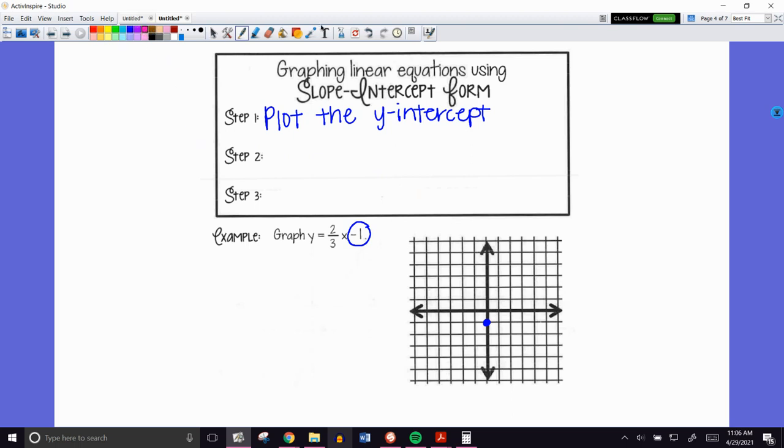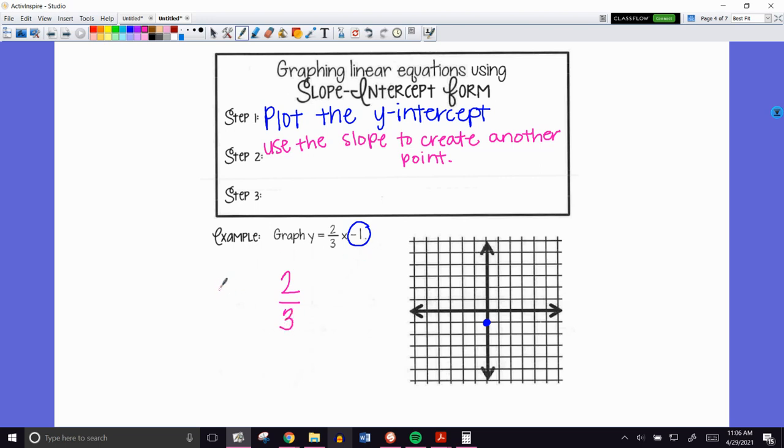So then for step 2, we're going to use the slope to create another point. I can see in my equation that my slope is 2/3.